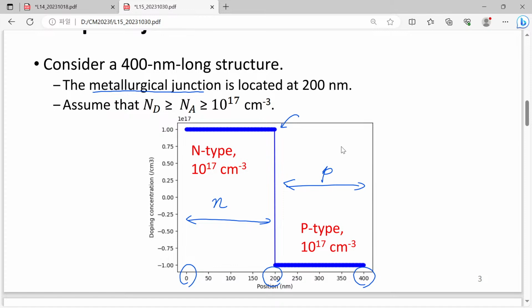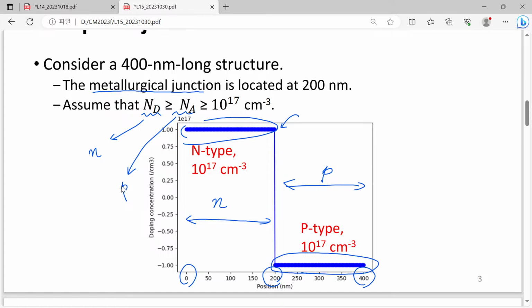Okay, so now we apply a constant doping density in the N-type layer and also a constant doping density in the P-type layer. But we assume that N-type doping is higher than P-type doping.